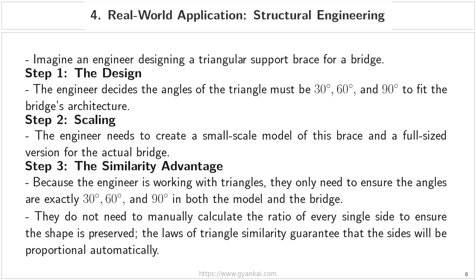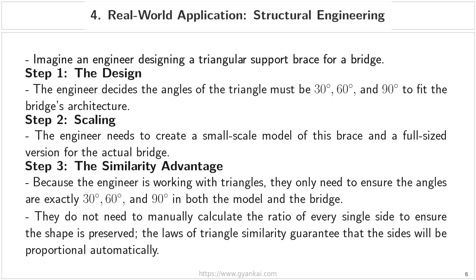Because the engineer is working specifically with triangles, they only need to ensure that the angles are exactly 30 degrees, 60 degrees, and 90 degrees in both the small model and the large bridge. They don't have to go through the tedious process of manually calculating the ratio of every single side to ensure the shape is preserved. As we learned earlier, the laws of triangle similarity guarantee that if those angles are identical, the sides will be proportional automatically. This efficiency is a huge advantage in complex engineering projects.